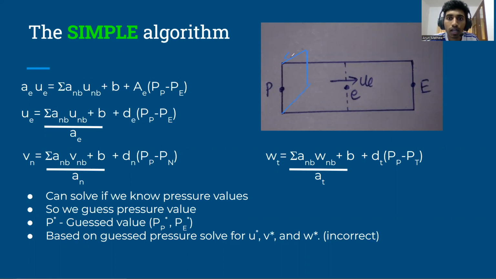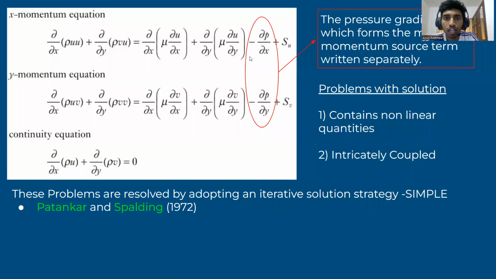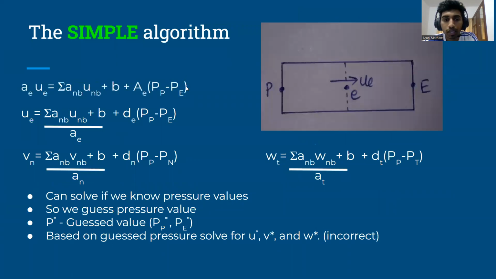So this will be delta z and this will be delta y. When we integrate the pressure gradient terms with respect to x, y, and z, we will get pP minus pE when we integrate with respect to x, and when we integrate with respect to y and z, we will get the area Ae.